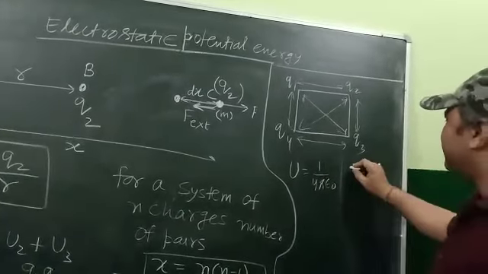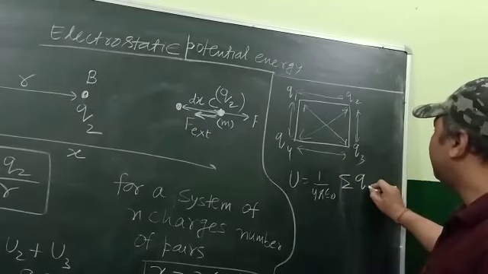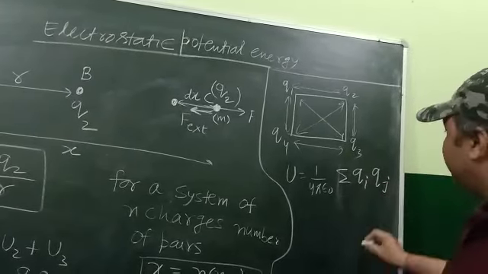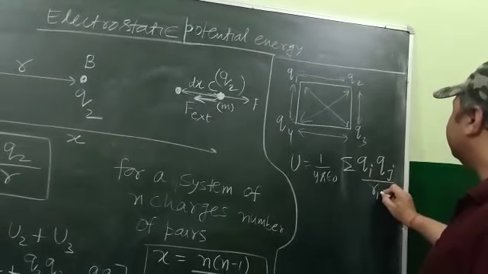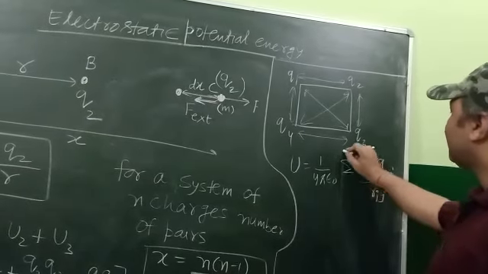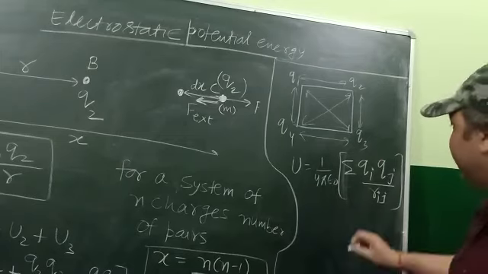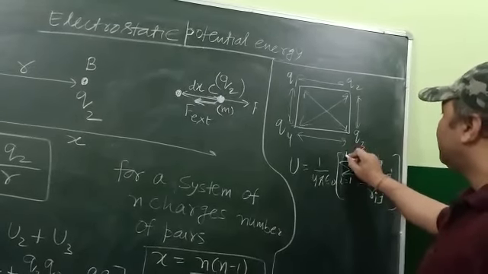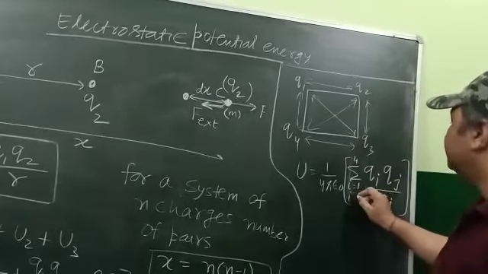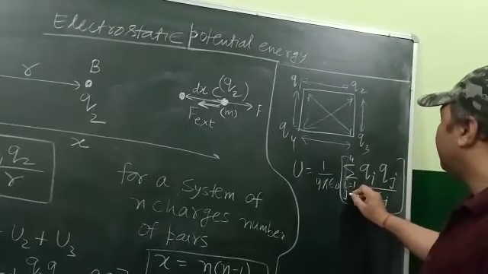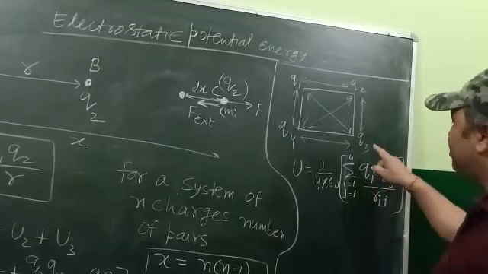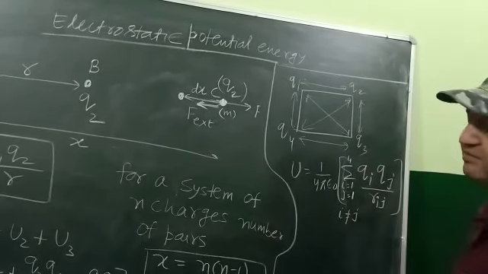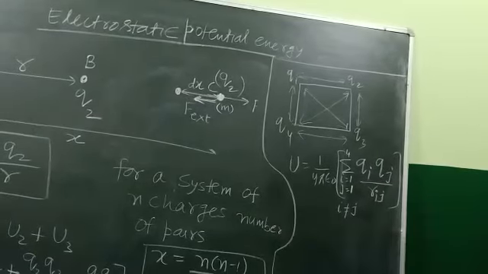So let me write it like sigma Qi Qj over Rij, where i equals 1 to 4, j equals 1 to 4 and i is not equal to j. So this is a simple way of writing it.